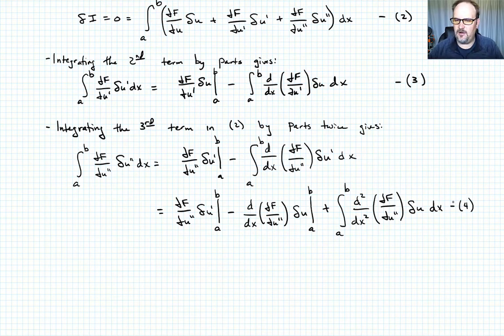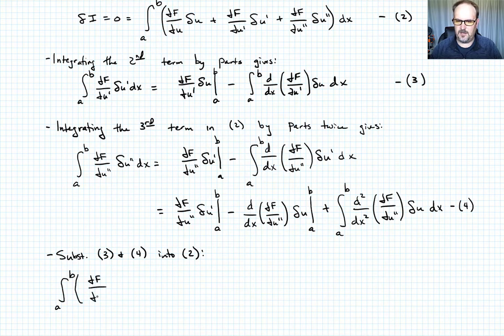So what we want to do now is substitute equations 3 and 4 into equation 2. When I do that, I'll group the integral terms. I end up with the integral from a to b of that first term, which doesn't change, so that's just partial f with respect to u. The second integral looks like minus d by dx of partial f with respect to u prime.